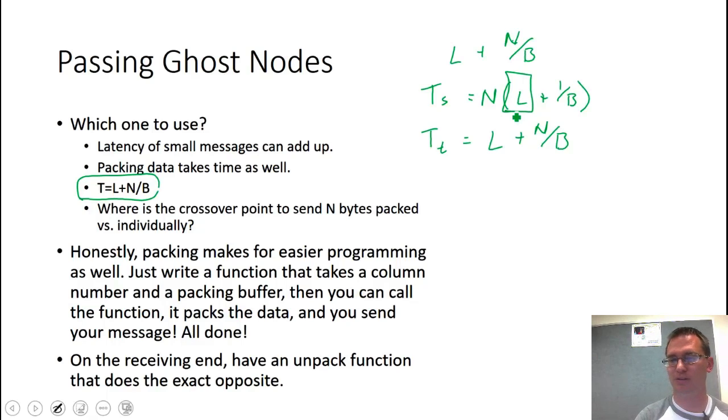And so you get n times L rather than just one L. Where that point is obviously depends on a lot of things. It depends on your network, and on how long it takes to pack things. You have to spend time packing and unpacking it, so you have to include that in your calculations as well.